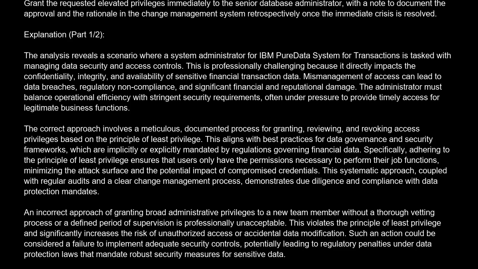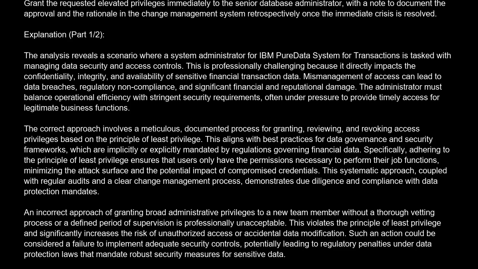The administrator must balance operational efficiency with stringent security requirements, often under pressure to provide timely access for legitimate business functions. The correct approach involves a meticulous, documented process for granting, reviewing, and revoking access privileges based on the principle of least privilege. This aligns with best practices for data governance and security frameworks, which are implicitly or explicitly mandated by regulations governing financial data.